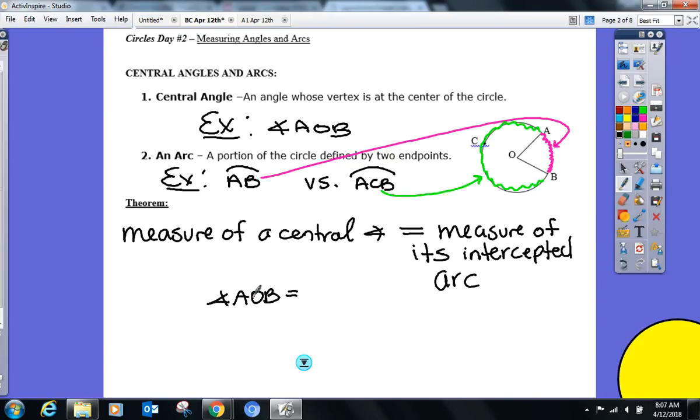AB. So whatever the degree measure of AOB is, it's the same measure as arc AB. Same measure. The central angle and the arc will always have the same measures. So if the angle's 70, so is the arc. That's 70 degrees out of 360. They're always the same. Everyone all good? All right, we'll get back to that one in a second.